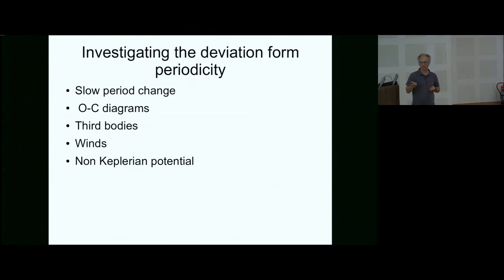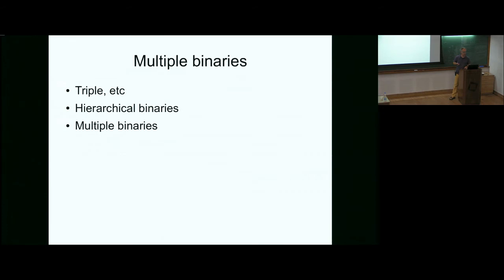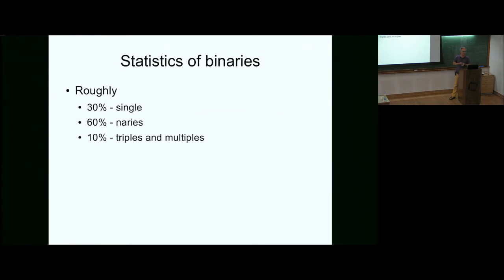We can also have some non-Keplerian potentials. If we have disks, then the potential will not be like 1 over r squared, and that can also be a reason for deviations of the periodicity.